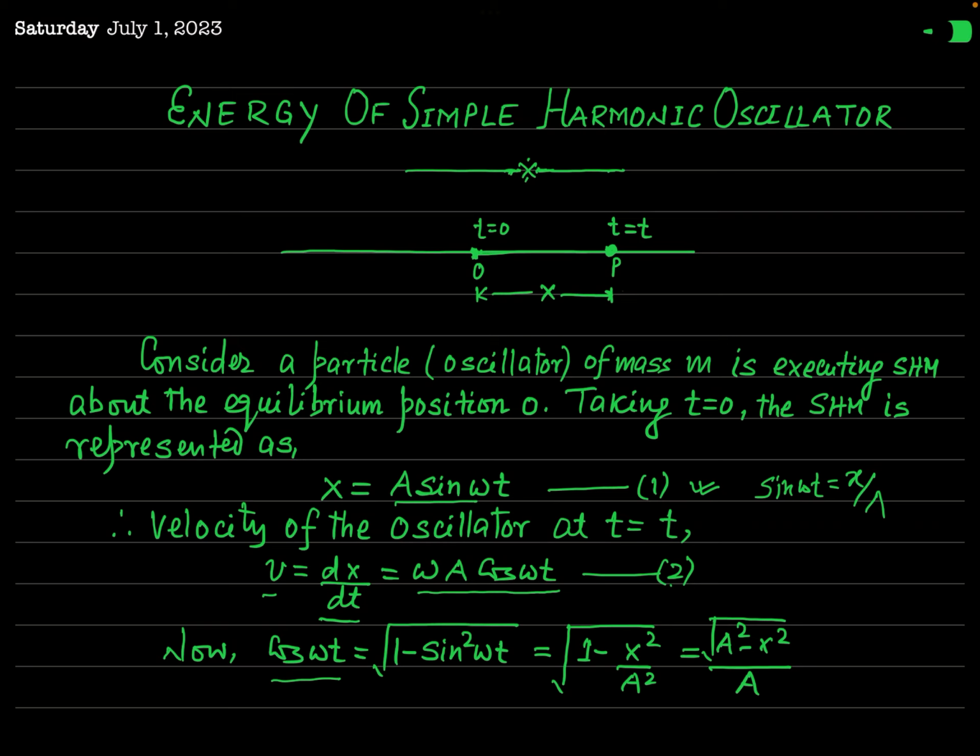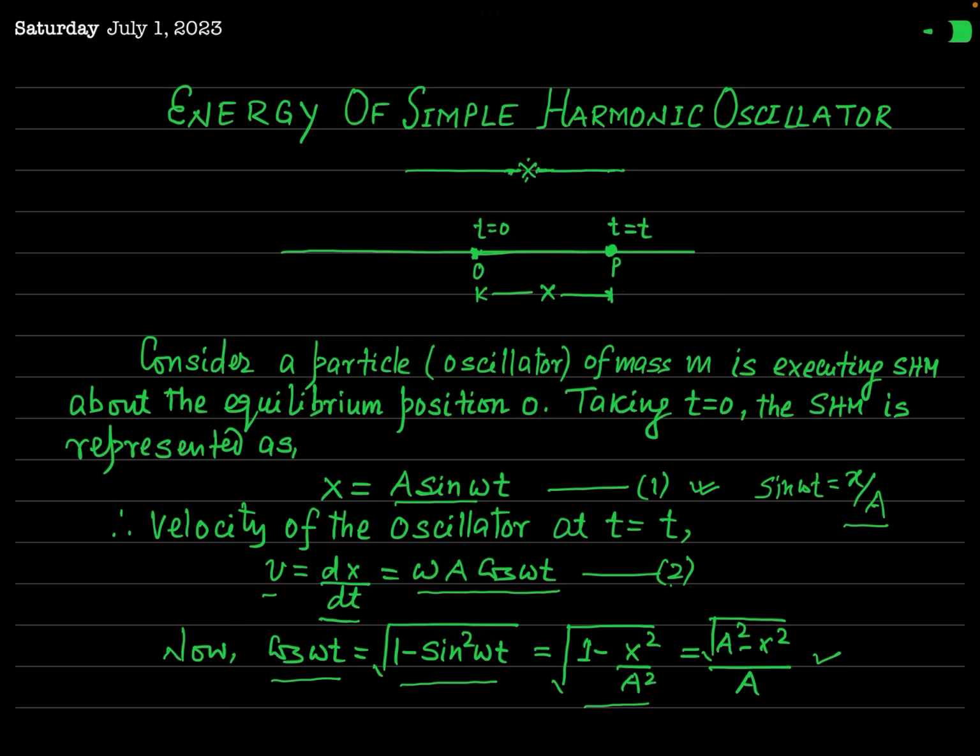And cos omega t, by trigonometry, is the square root of 1 minus sine square omega t. Now, instead of sine omega t, we can put x by a. So cos omega t is equal to the square root of 1 minus x square over a square. After taking LCM, this result will be simplified as the square root of a square minus x square over a.